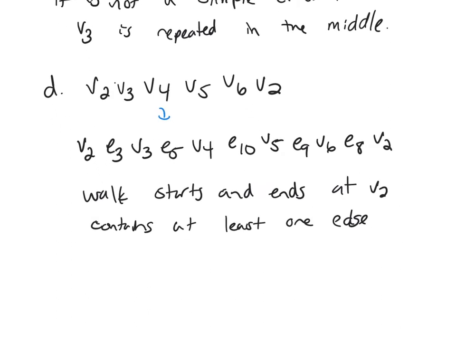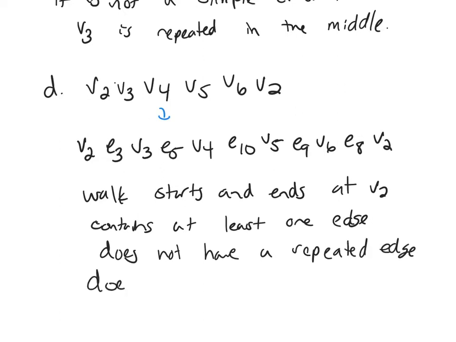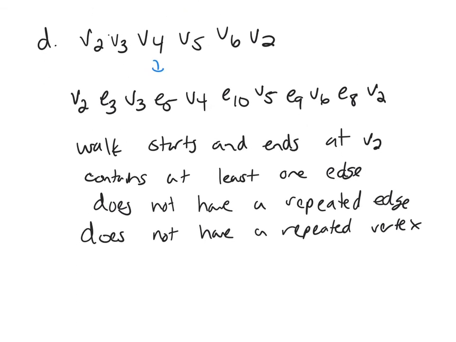And if you look at all the edges, there's no repeated edge. And it also, other than the beginning and end, does not have a repeated vertex. So this is a simple circuit.